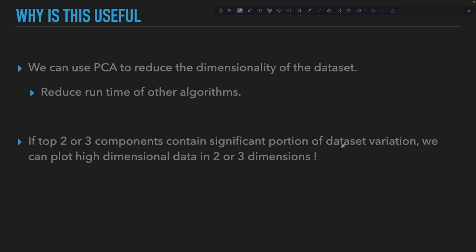And there is another trait of PCA: if the top two or three principal components contain a significant portion of dataset variation, we could actually plot this data by using two-dimensional or three-dimensional plots and actually take a look at our high-dimensional data, which can be very useful.